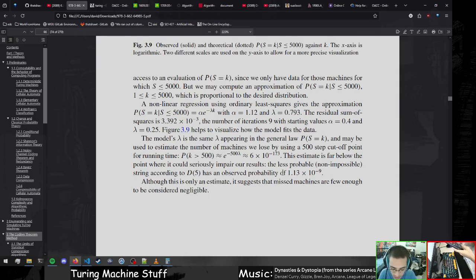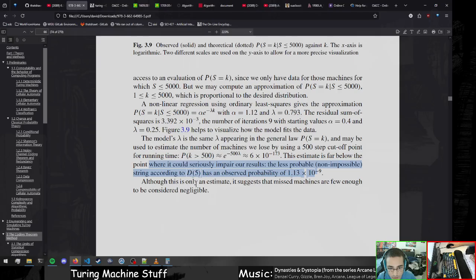So times 10 to the negative 9, and it's 29 complexity. So this is far below the point where it could possibly compare the results. The less probable a string, as in observed probability of this much.